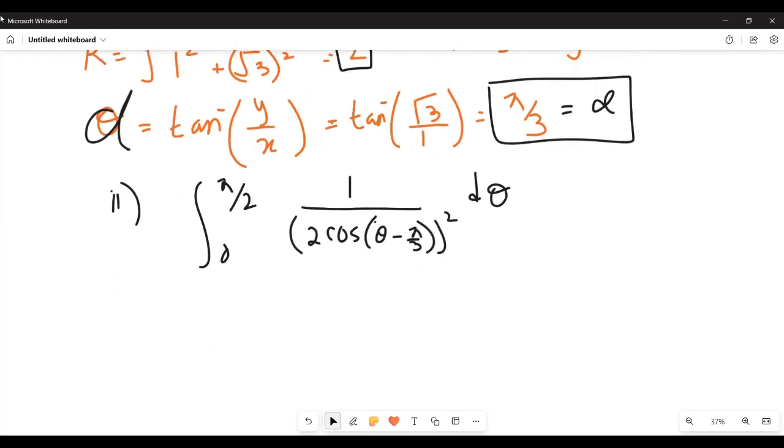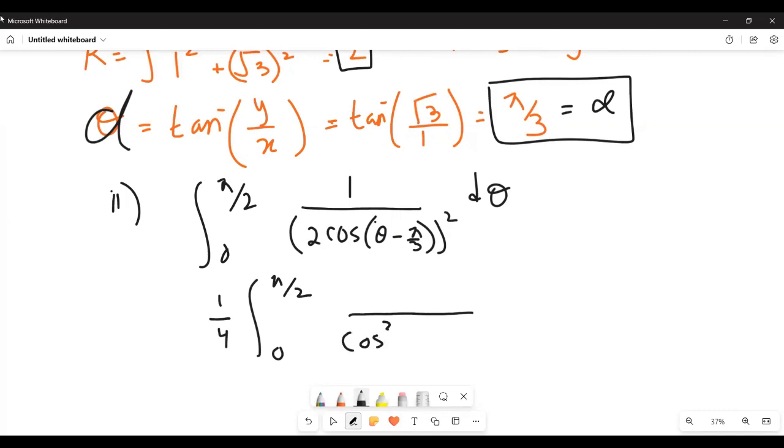First of all, I'm going to bring out the coefficient, which is 1 by 4. So we get 1 by 4, integration limits are 0 to pi by 2, and now we have cos squared(theta minus pi by 3) in the denominator.